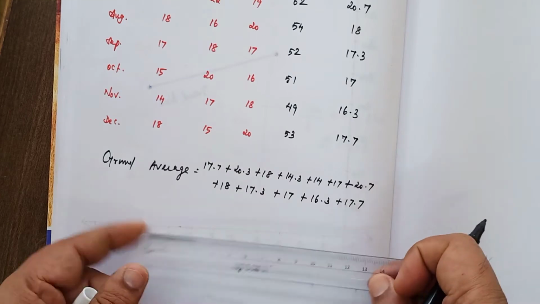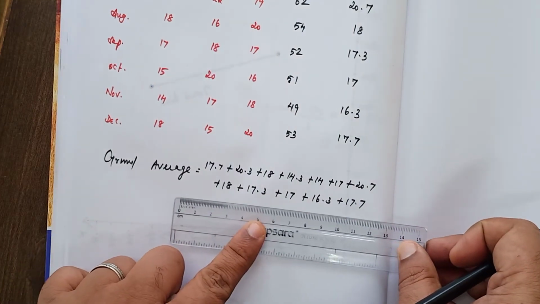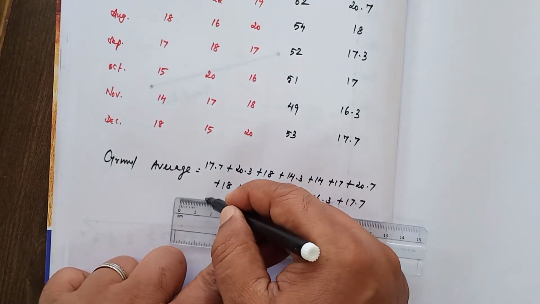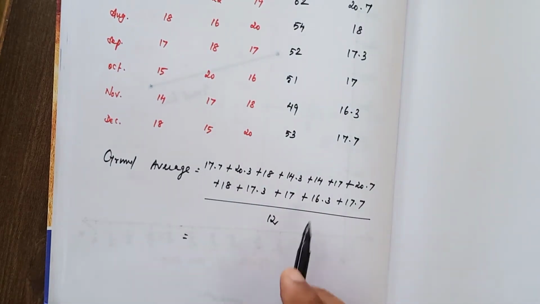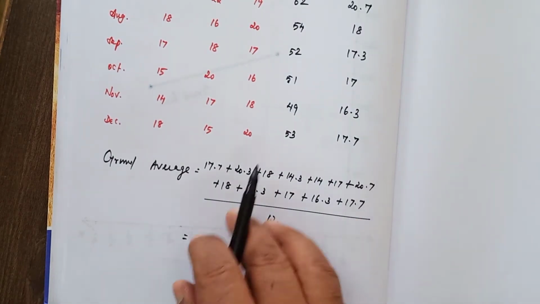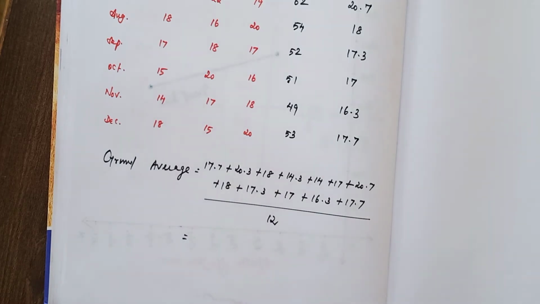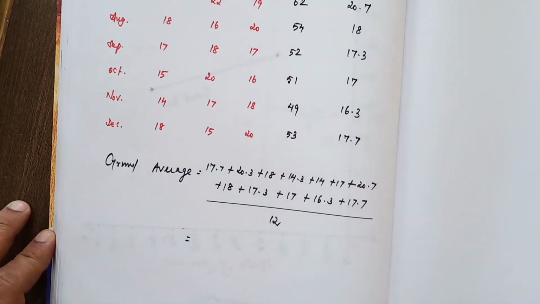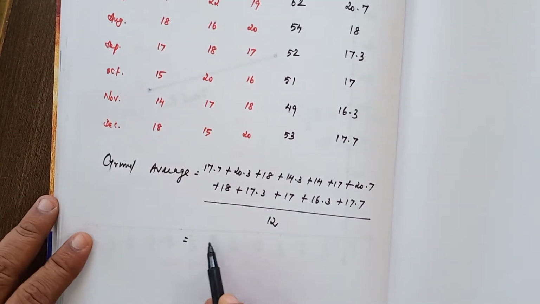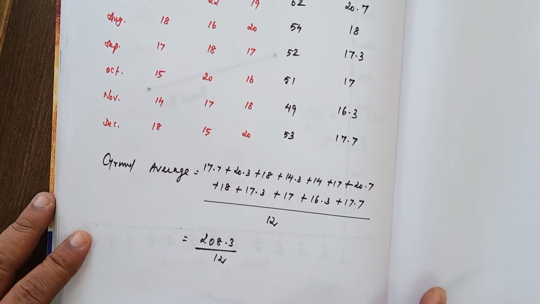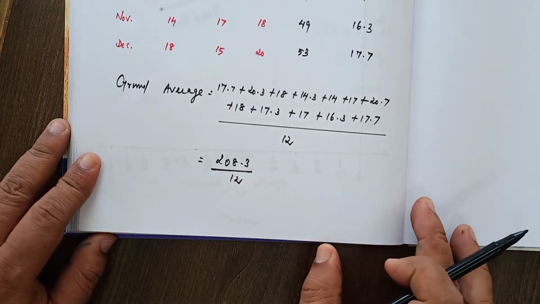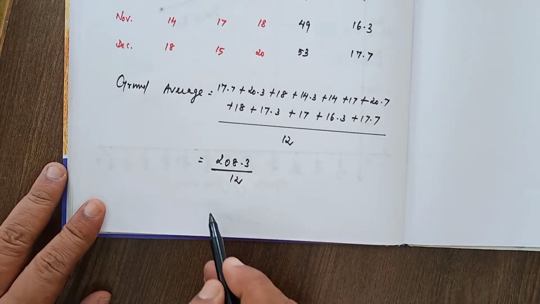Totally 12 values are there, so to get the grand average it should be divided by 12. If you add, you will get 208.3. 208.3 divided by 12 is 17.358.